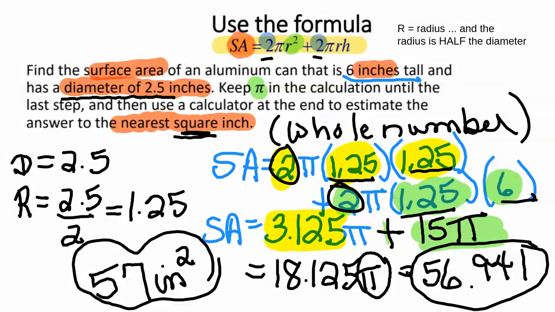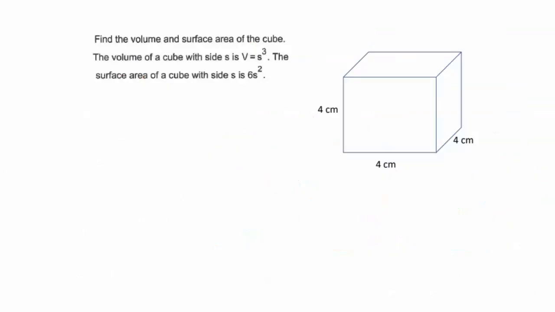Now, last slide. Now, unfortunately, this is one that your book believes that you know. This is called the volume and surface area of a cube. Now, I don't agree with the fact that they're not going to give you a whole lot, but they do. They are telling you the volume of the cube is V equals S to the power of 3.